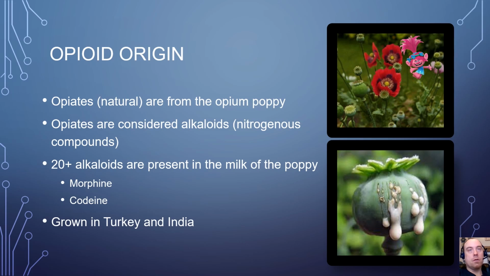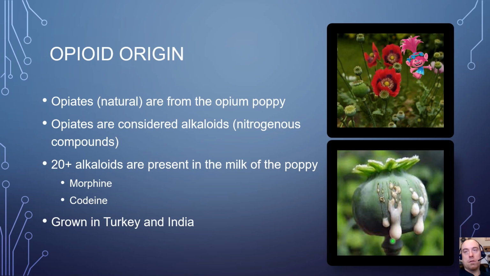Alkaloids is a term that's used quite a bit. We don't necessarily usually define it, but just make that very clear there. It just means they're containing nitrogen, which are basic functional groups.